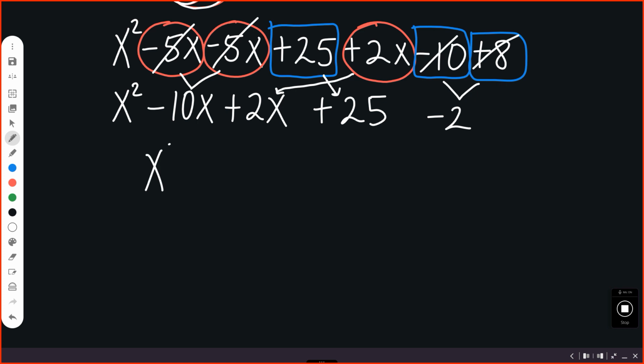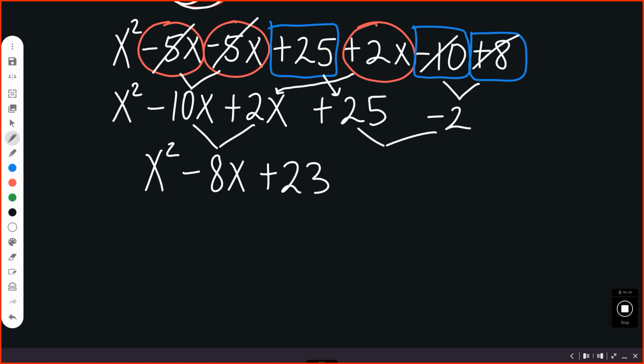Then we have x squared minus... we have these two terms that are like terms, so negative 10x plus 2x is negative 8x. Then we have these two terms to combine: 25 minus 2 would be 23.